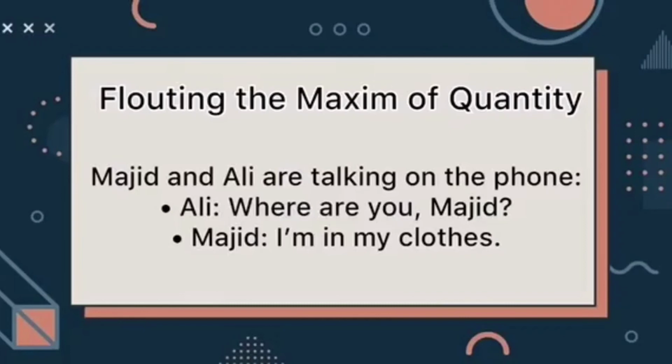What happened here is that Mahid flouted the maxim of quantity because the information is insufficient for Ali. Even if that's something he doesn't really want to find out, he still knows that Mahid was just trying to give a response that is humorous. So flouting the maxim of quantity can also be humorous.